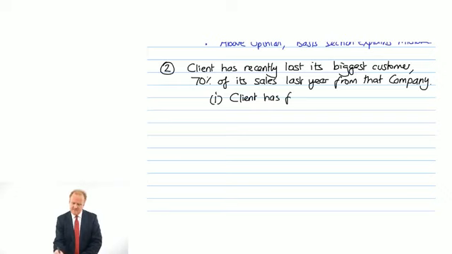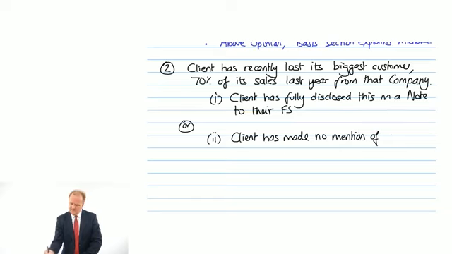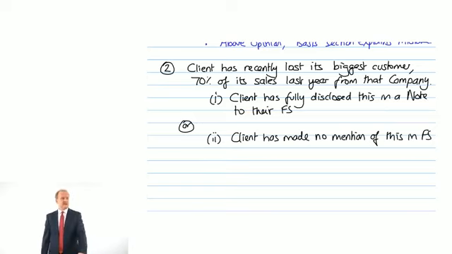The client has fully disclosed this in a note to their financial statements, or 2, the client has made no mention of this in the financial statements. So we're going to have 2 possibilities.